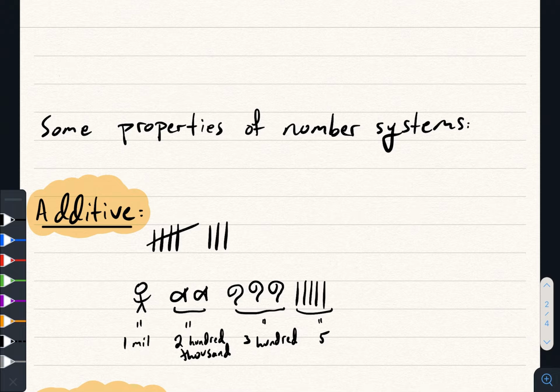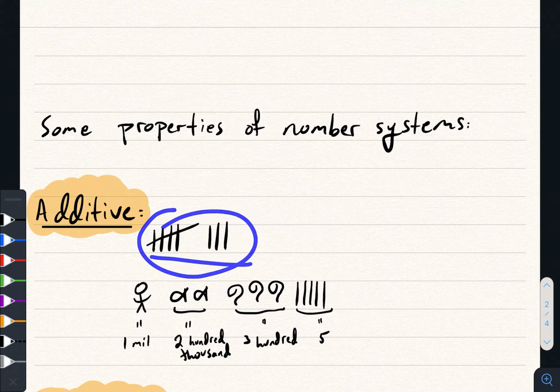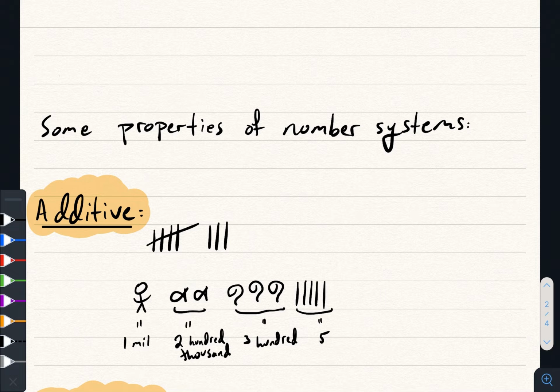Each tally just represents the number 1, and to get the number which this collection of symbols represents, you just add up the values for all of these tallies. So we have 1, 2, 3, 4, 5, 6, 7, 8 tallies over here, and so we add those values up, 1 plus 1 plus 1, do that 8 times and you get that number.